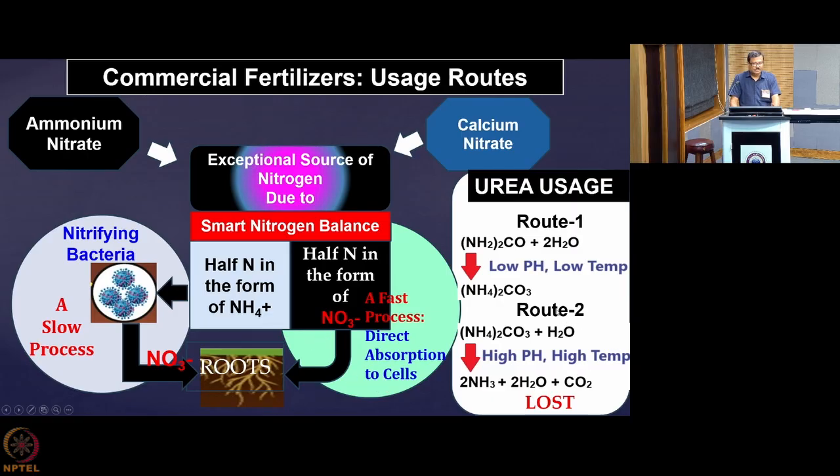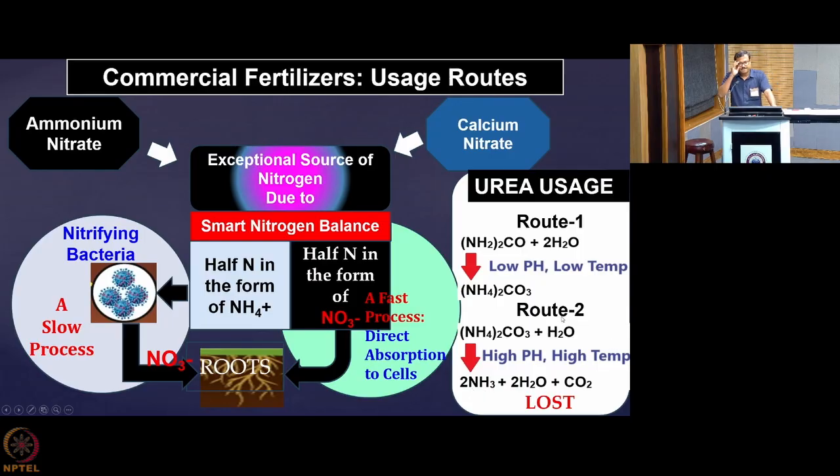There is another route which occurs when the pH is high and the temperature is high. The previous one, where the ammonium ion is produced, happens at low pH and low temperature. But in the second one, when the pH and temperature are high, the ammonium carbonate doesn't form the ammonium ion; it breaks into ammonia, and this ammonia is lost in the atmosphere.